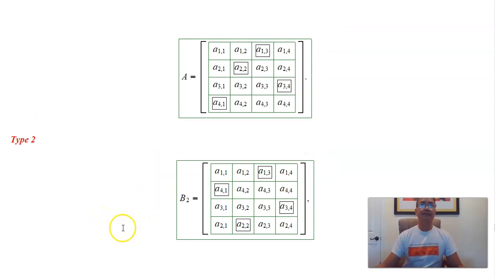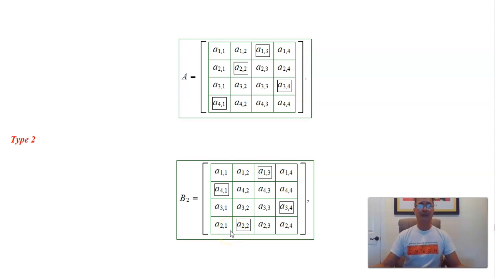A swap is almost as easy. So here we have the original matrix. And what did I do? Row 1 is the same. 4, 1, 4, that looks like row 4. Row 3 is the same. That looks like row 2.